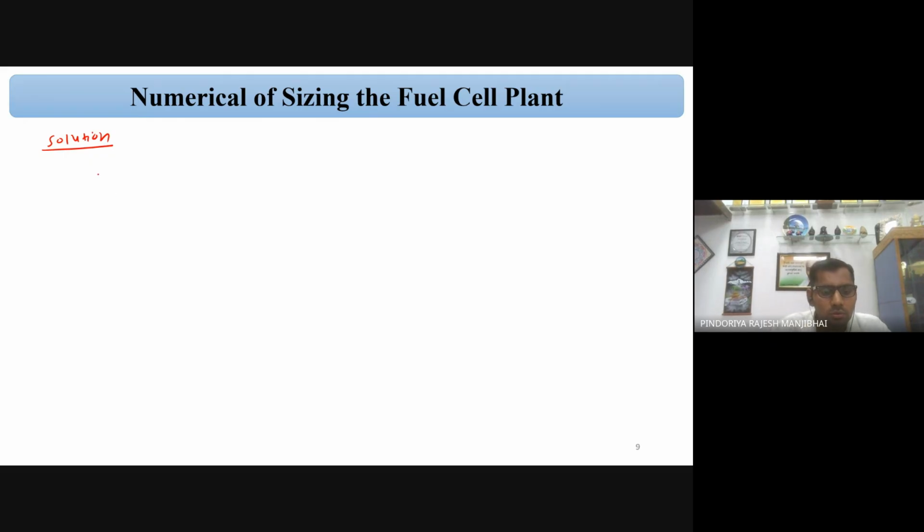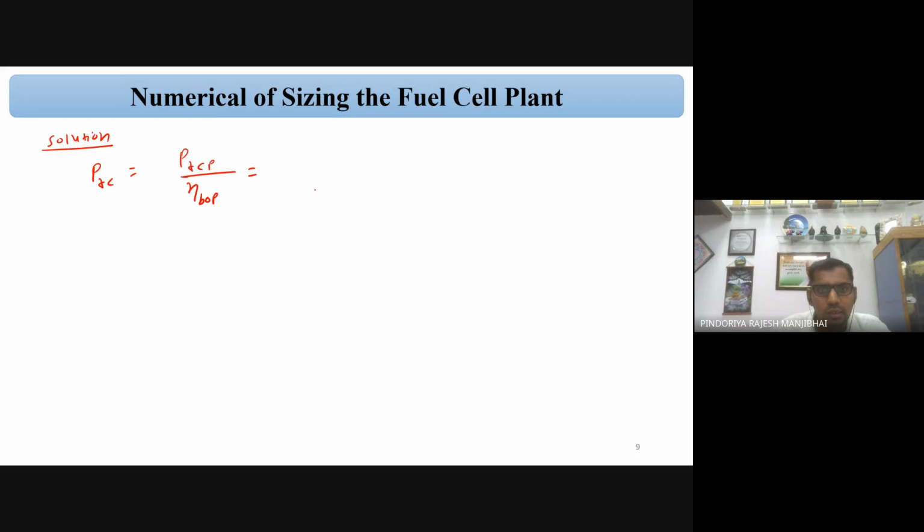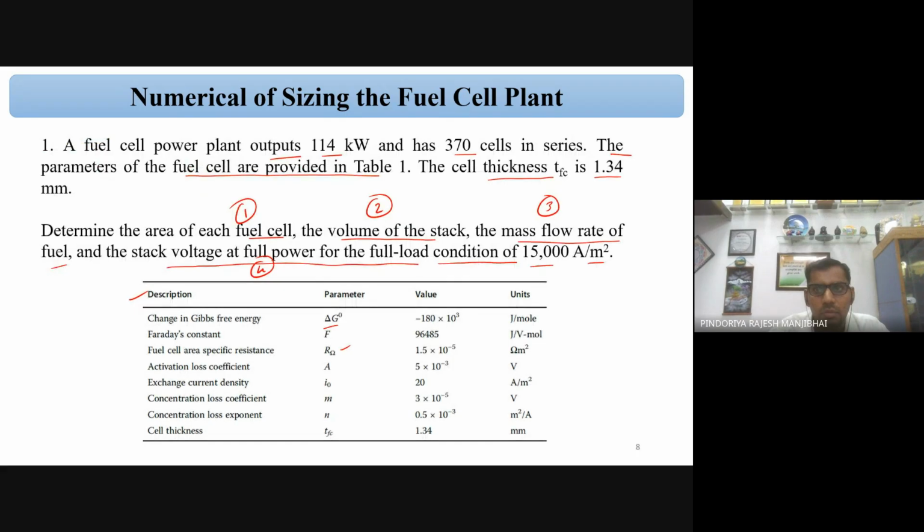Solution. So PFC is equal to 114, given. There is a fuel cell power plant output of 114 kW. So we can say 114 divided by efficiency, that is 0.8, correct?